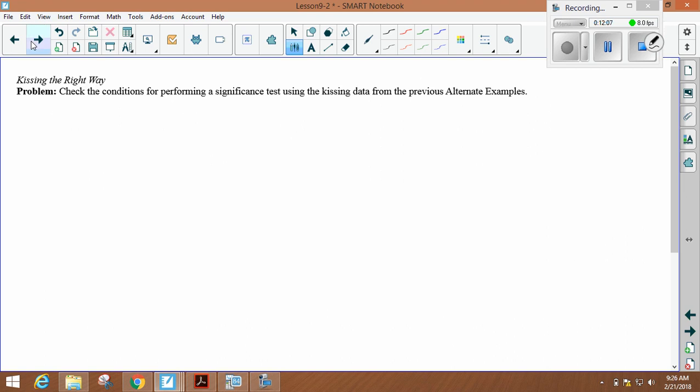So hey, the kissing the right way, right? Remember, there were 124 kissing couples. It's a good thing they're not kissing individuals.